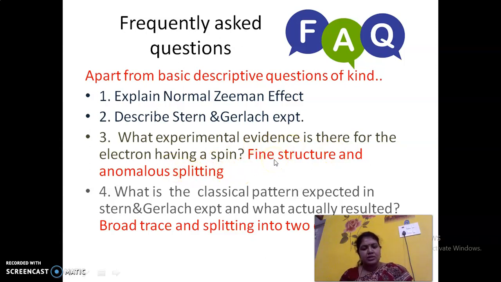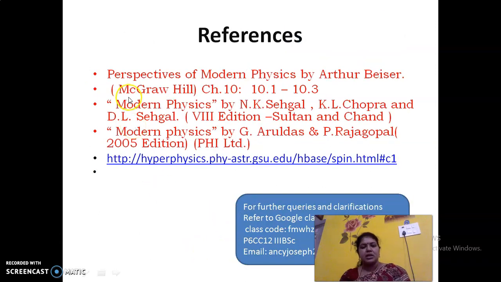The answer could be something on the lines of fine structure and anomalous splitting. What is the classical pattern expected in the Stern and Gerlach experiment? And what actually resulted: broad trace and splitting into two distinct parts? Something like this.